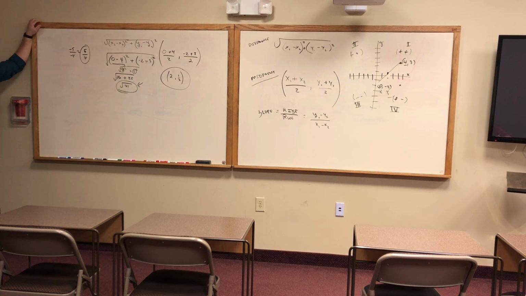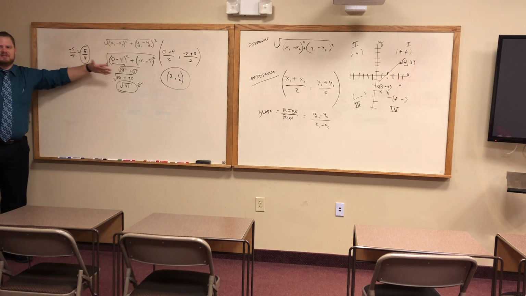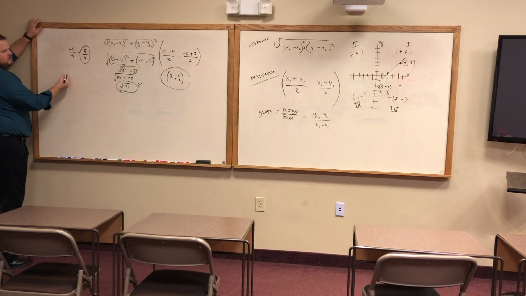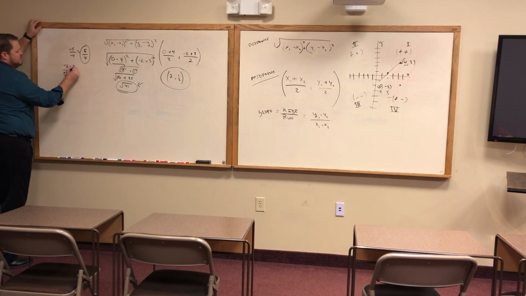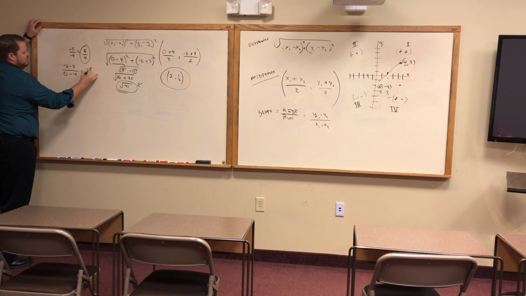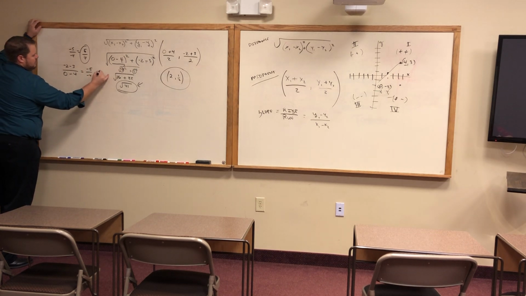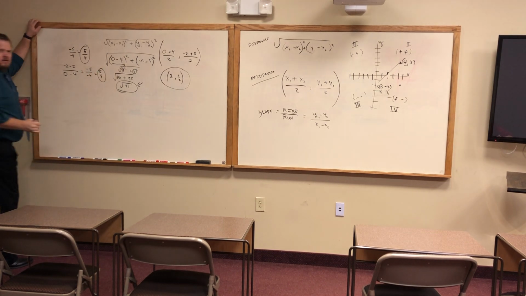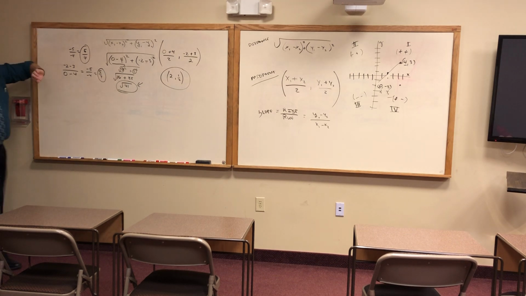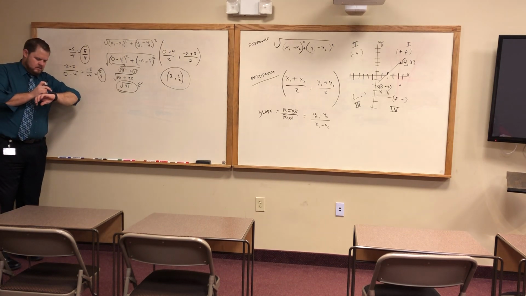So, how would you solve it if you didn't have to solve for the distance? You plug it in. 0 minus 4, over negative 2 minus 3. Negative 5, negative 4, 5 fourths. Okay? So there's no sense.